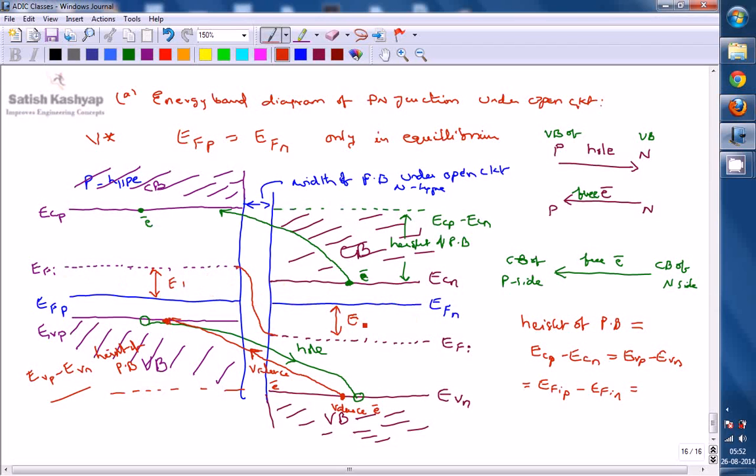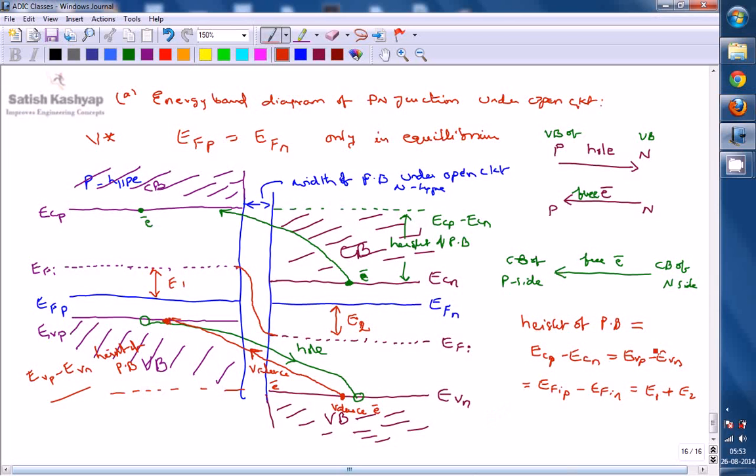E1 is the relative distance between the intrinsic Fermi level and the Fermi level of the P side, and E2 is nothing but the relative distance of the Fermi level of the N side to the intrinsic Fermi level. So potential barrier height can also be defined as E1 plus E2, where E1 is nothing but EFi minus EFp.